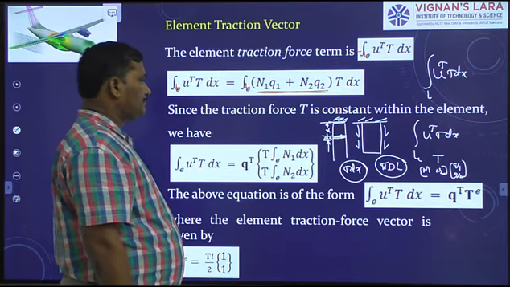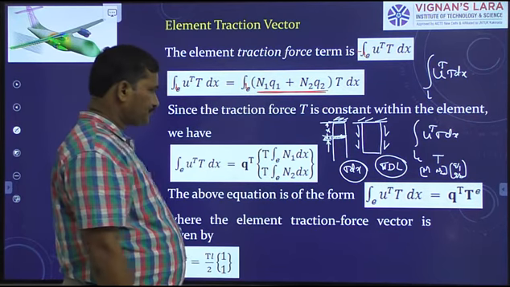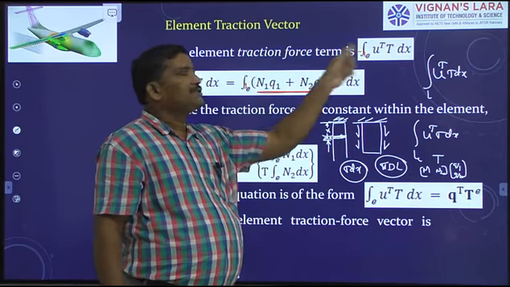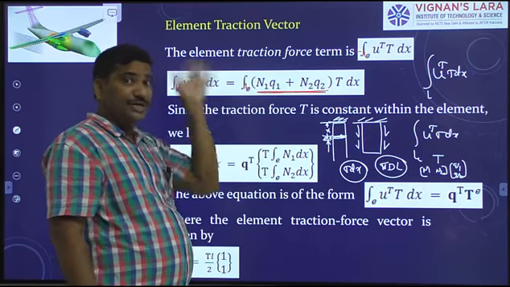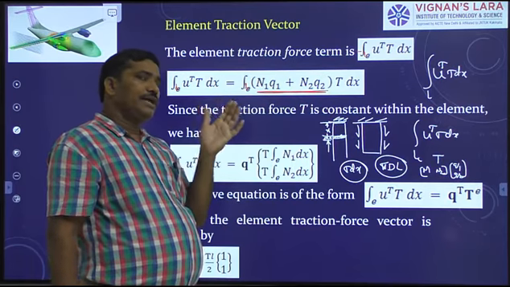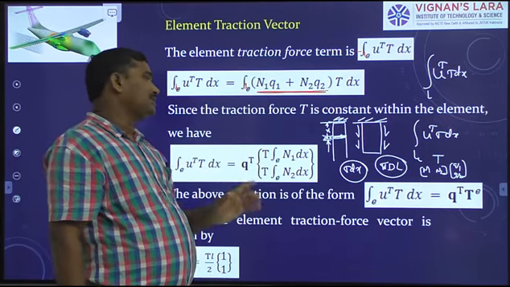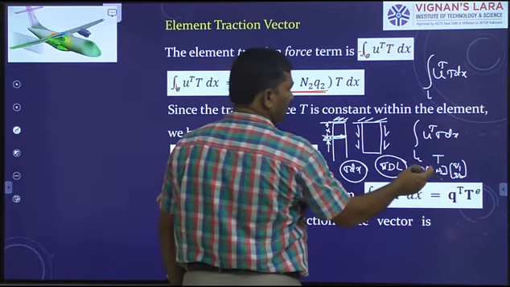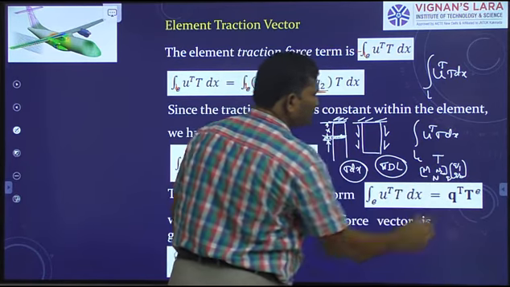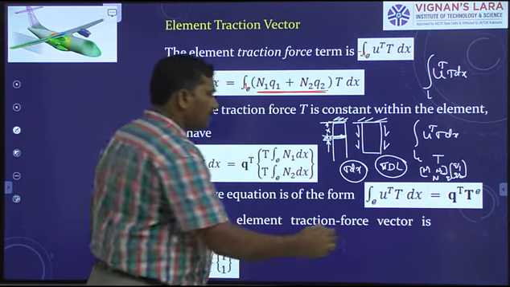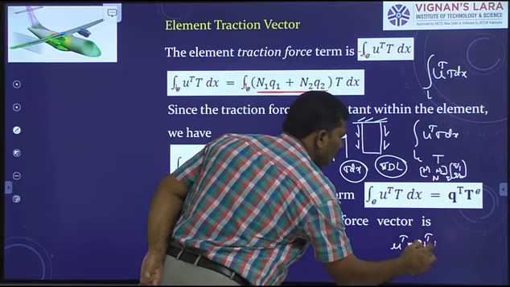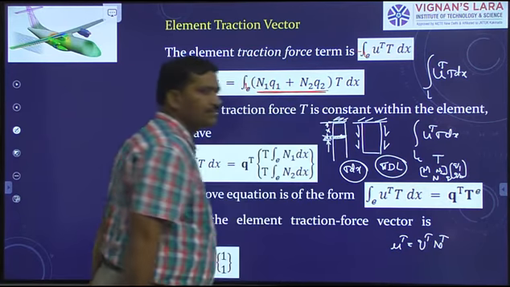Now, U transpose is the same as U, but when you express U as the product of two matrices, N and Q, then U transpose equals Q transpose into N transpose.